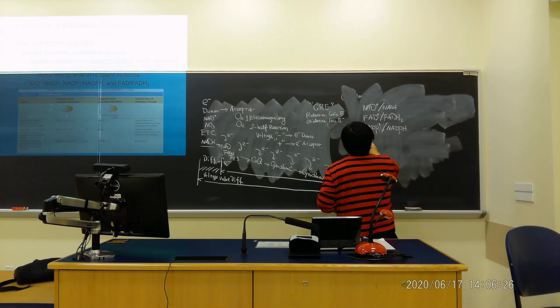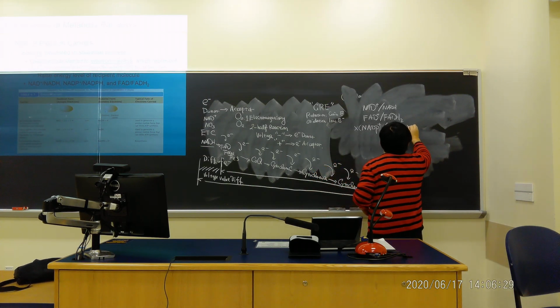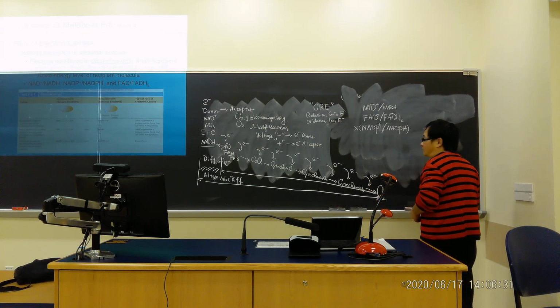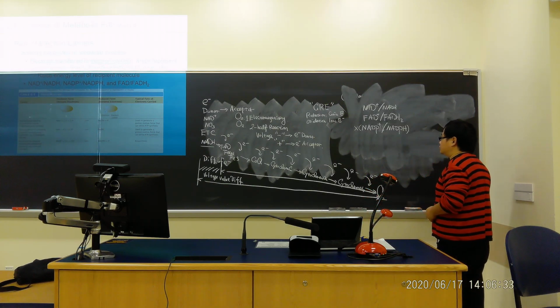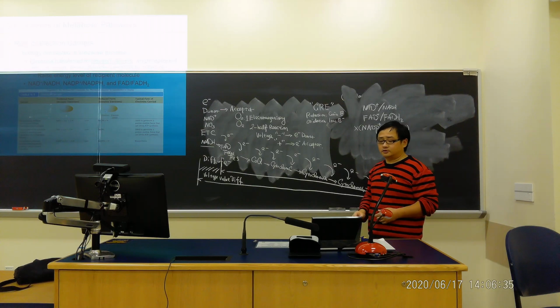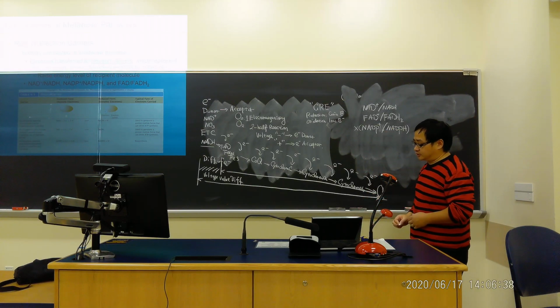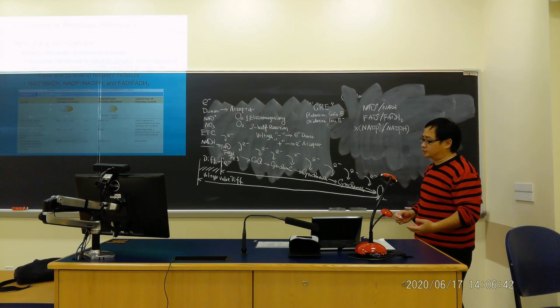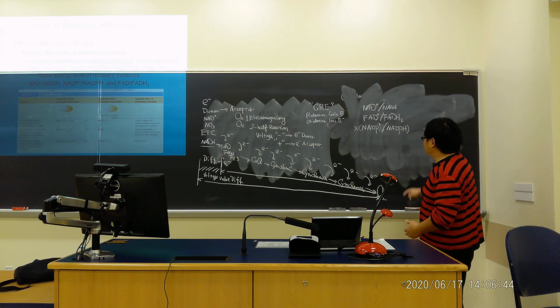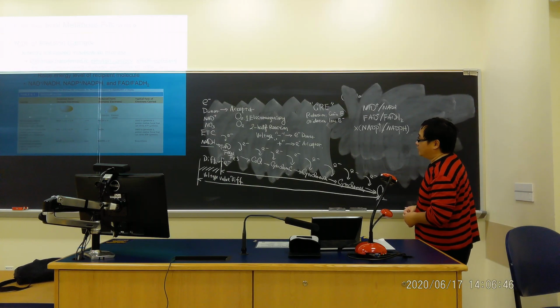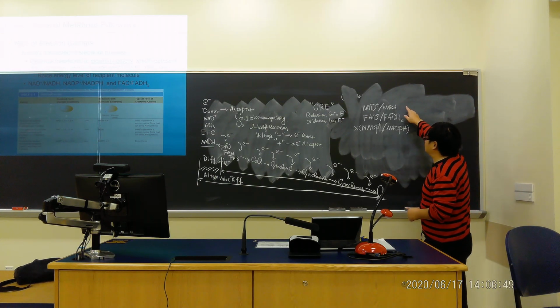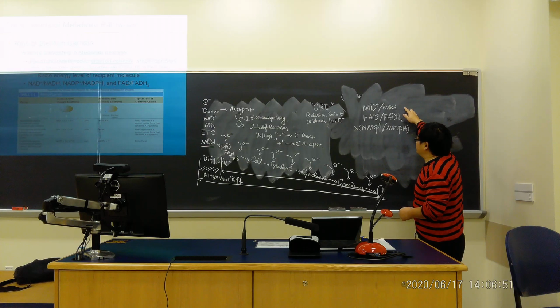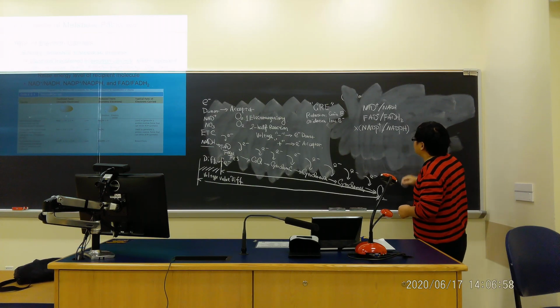Now, we don't talk much about NADPH here. It is used in the Calvin cycle or the pentose phosphate pathway. The pentose phosphate pathway is a metabolic pathway related to generating DNA and RNA. We don't talk about this too much. In the metabolic pathway, we mainly talk about NAD, NADH, FAD, and FADH2. These we use a lot.